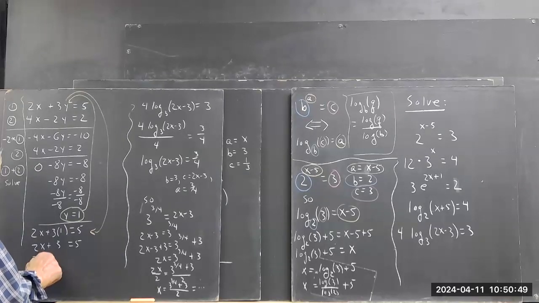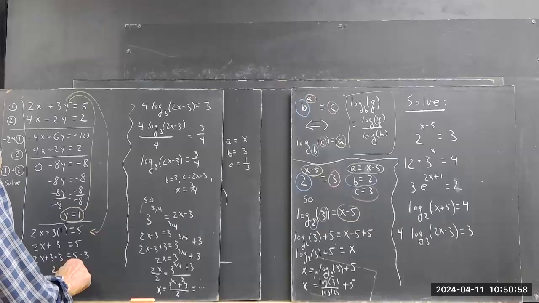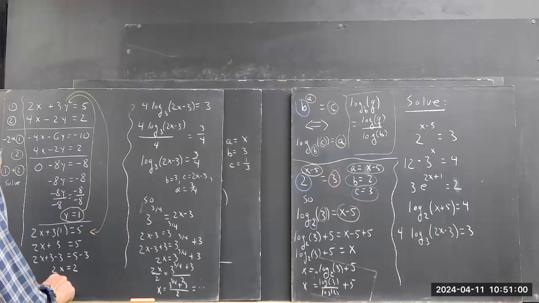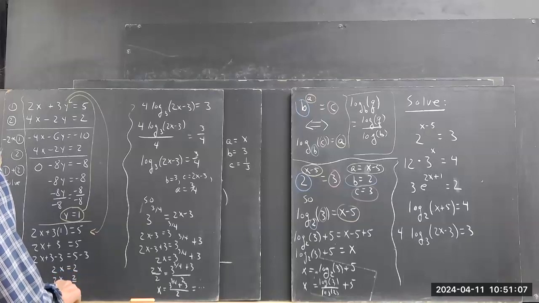So we do 2x plus 3 minus 3 equals 5 minus 3, which leaves us with 2x equals 2. We divide both sides by 2. We find that x equals 1.